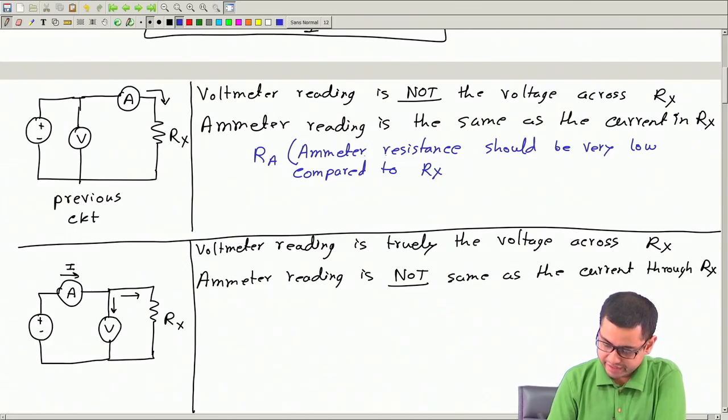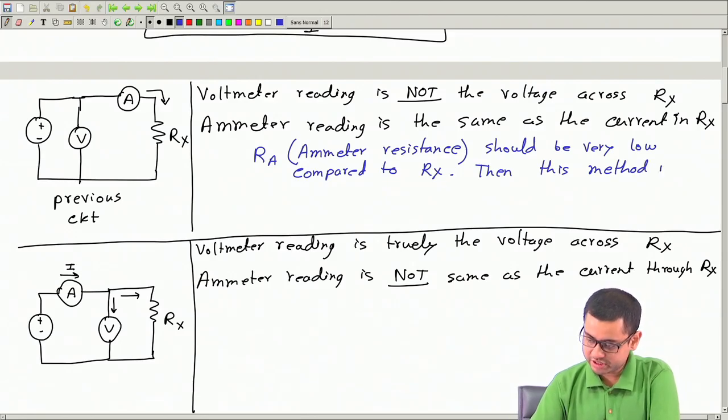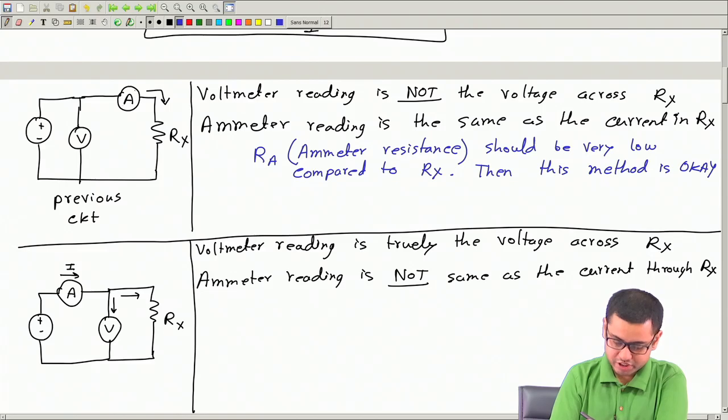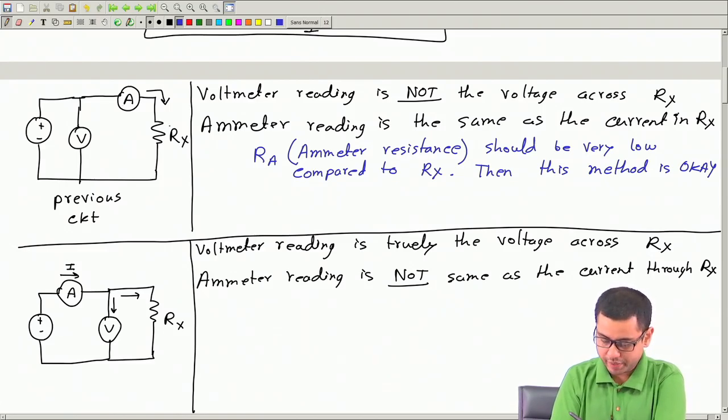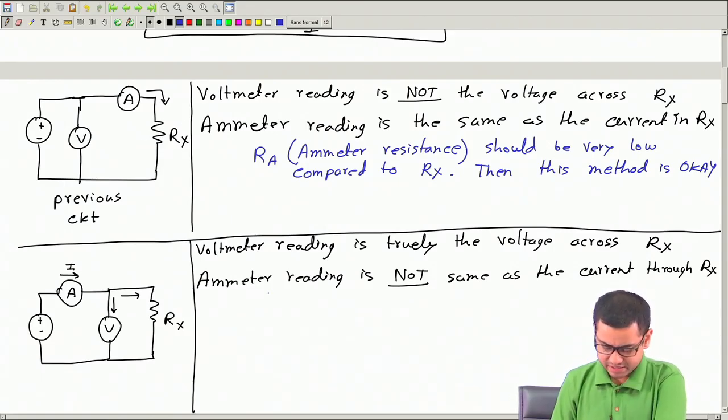So Ra, the ammeter resistance, should be very low compared to Rx, and then this method is okay. Not perfect though, but it's acceptable. Because then the voltage drop across this ammeter will be much lower compared to the voltage drop across Rx. So the voltmeter reading will be almost the same as the voltage drop across Rx.